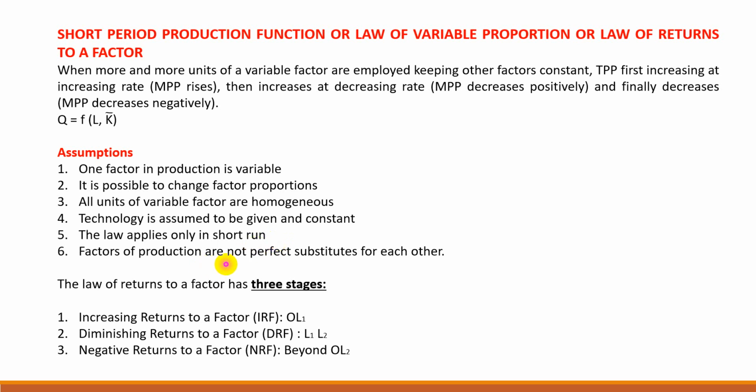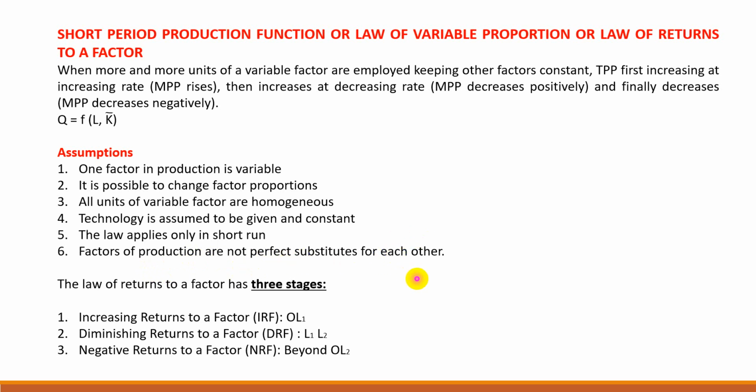Factors of production are not perfect substitutes for each other. It means that labor cannot be a substitute for capital. These are two different factors. We cannot substitute labor for capital or capital for labor.